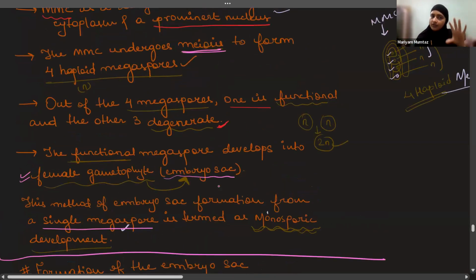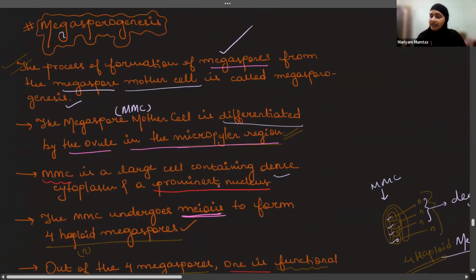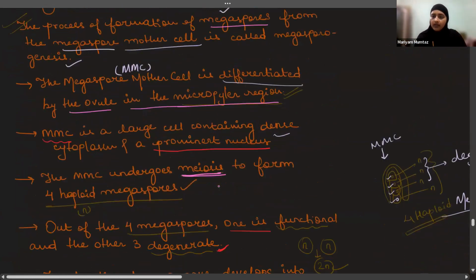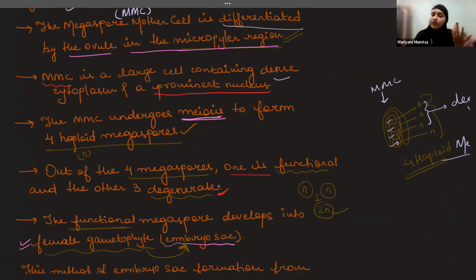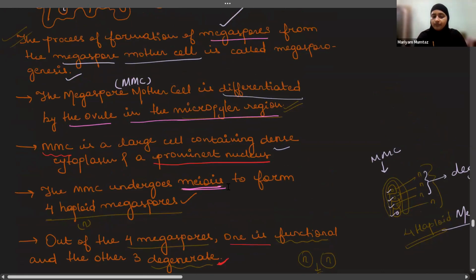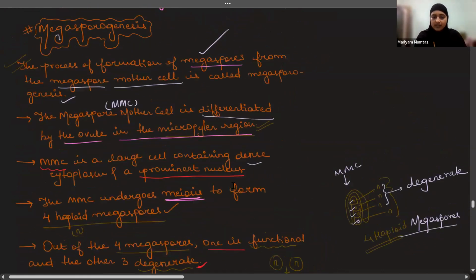Now, you've understood this whole process of megasporogenesis. Do you have any doubts? The reason why the other 3 degenerate is not known, but it is what happens. Only 1 is functional out of the 4 and the other 3 would be non-functional and they would degenerate. Now you people can note down, and this is the last topic that we are discussing today.